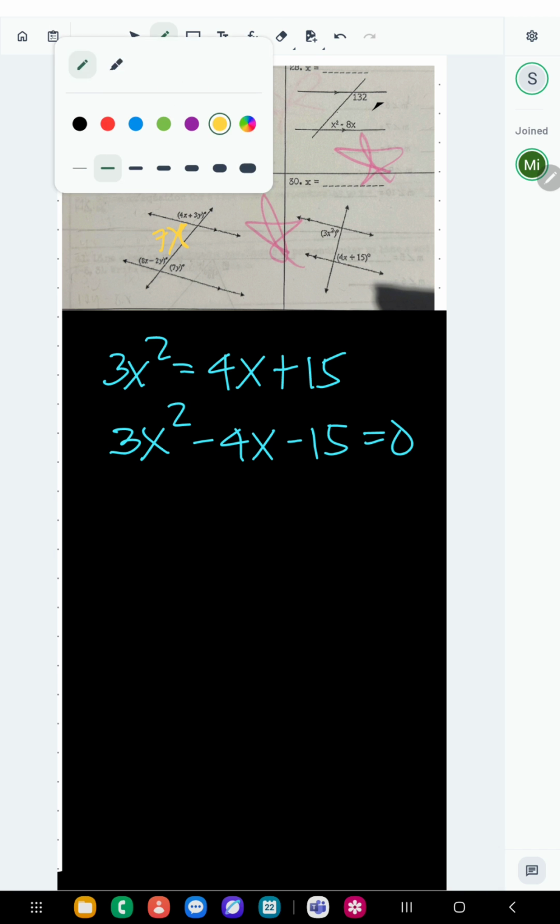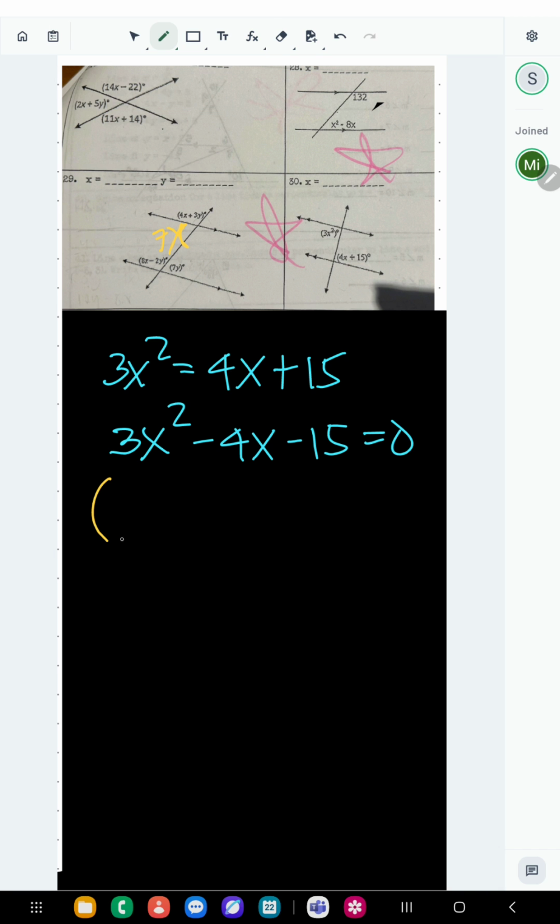And now you need to factor that. You look for factors of 15 that when you multiply them would equal negative 15. What are the factors of 15? Oh no, we have 3 in front. So let's put here 3x. You should master factoring quadratics.